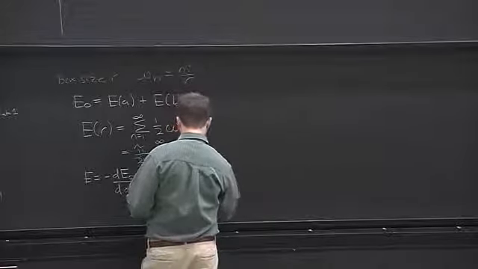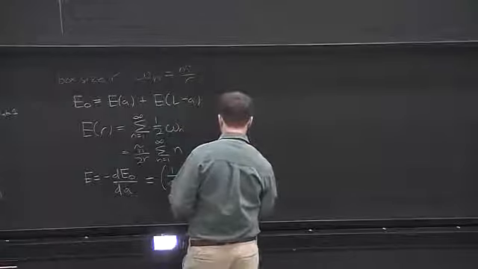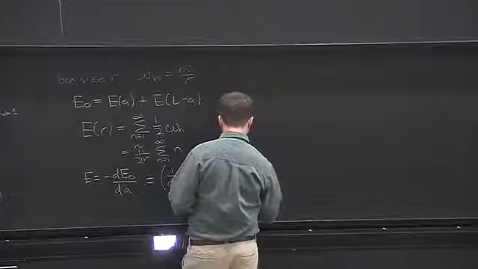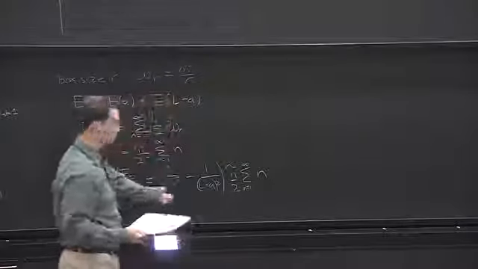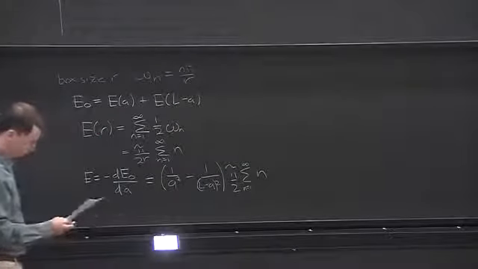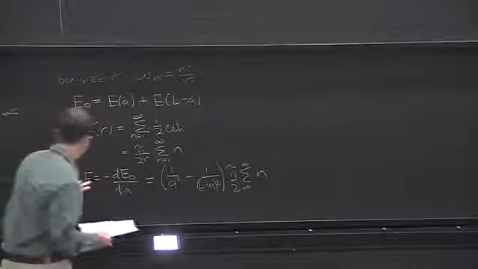And the other one will get a minus 1 over L minus A squared times pi over 2 sum, again, of the positive integers. So it doesn't help. This is a force.